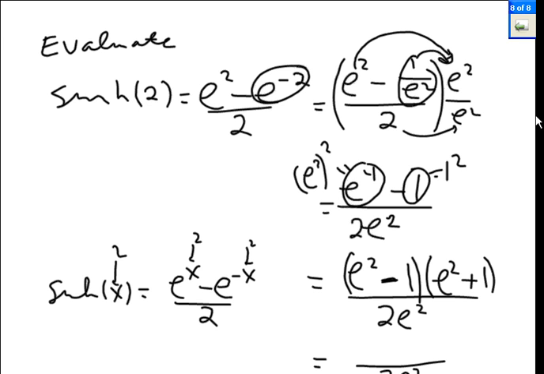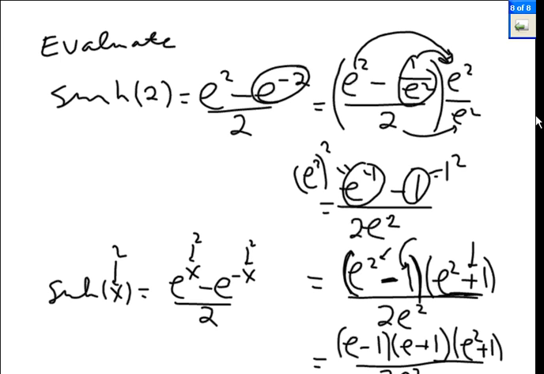You know what? We can still factor the top. In the first bracket, we have the difference of squares. Here, we have e being squared, and here we have 1 being squared. E and 1. Write them down twice. 1 with the minus, 1 with a plus. E squared plus 1 can't be factored. The sum of squares, e squared plus 1, can't be factored.